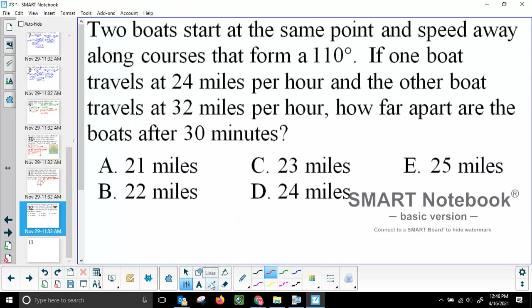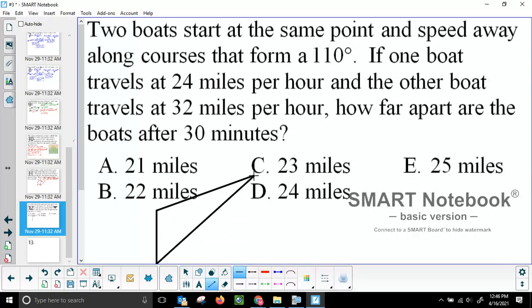Okay, so let's go ahead and make a triangle here, with the boats traveling here.